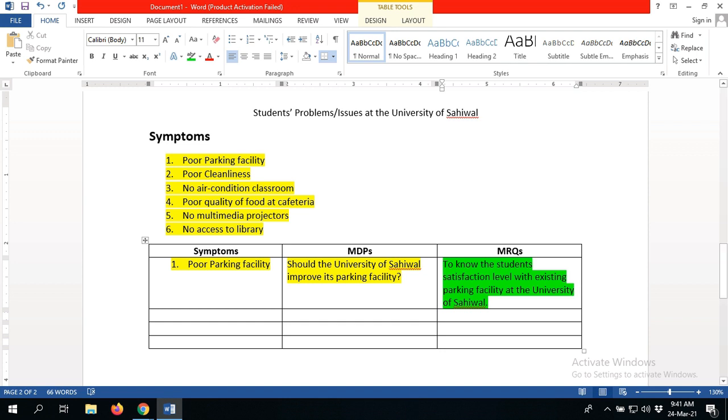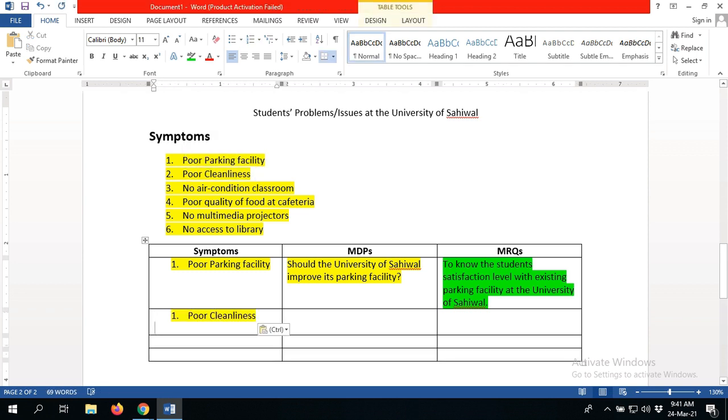So let's take the second symptom, that is poor cleanliness.